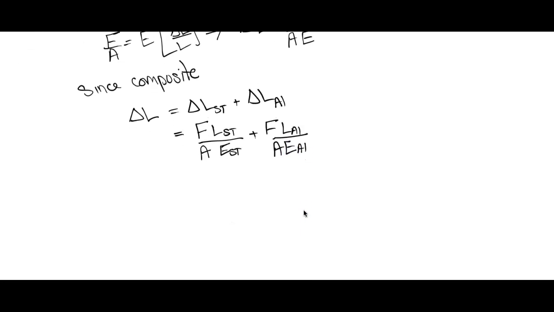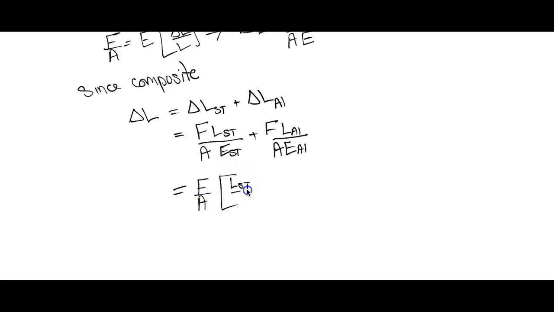And now if we apply all of these given values, we can find first that we have a common part of F over A, and this gives us length of steel over Young's modulus of steel plus aluminum length divided by Young's modulus for aluminum.